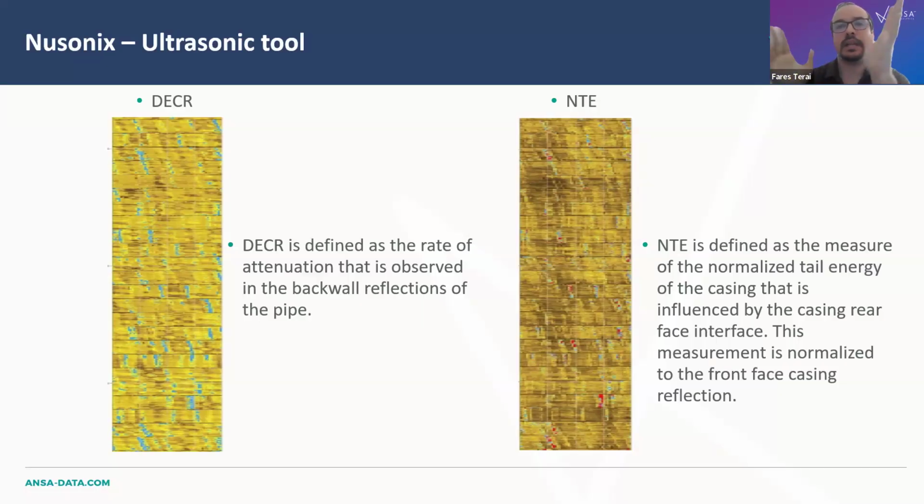It is simply calculated by taking the ratio of the decay between the back wall reflections, and it serves as an indicator to calculate acoustic impedance at the boundary behind the tubular. And we'll talk about that in a bit.